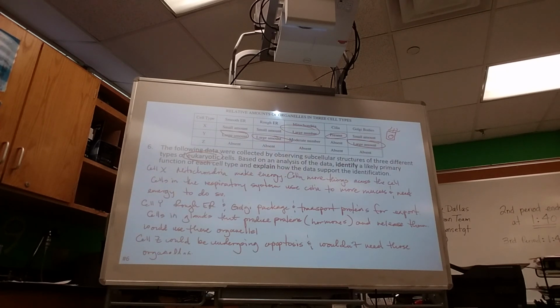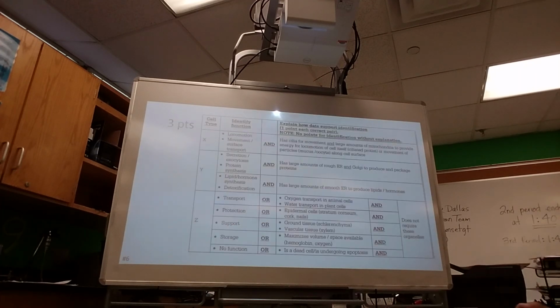Rocks are not made out of cells. It's a eukaryotic cell undergoing programmed cell death. None of them are rocks. They're eukaryotic. So here's your scoring guide.